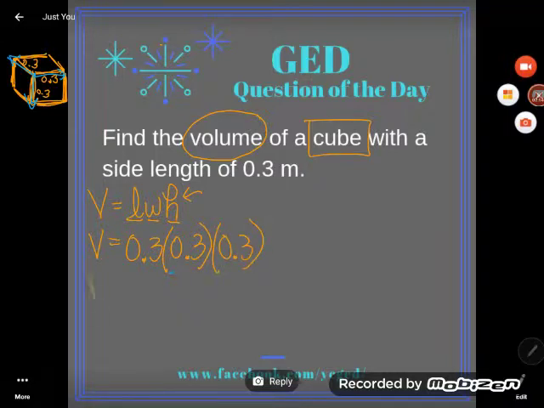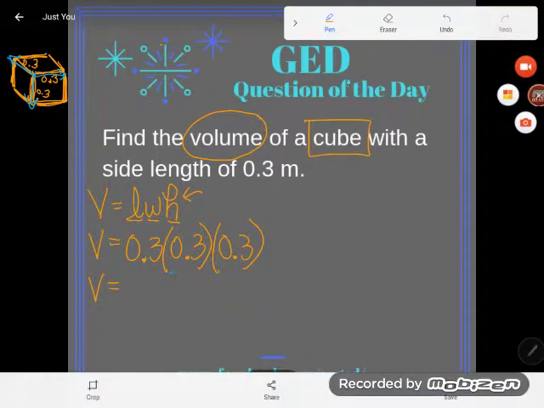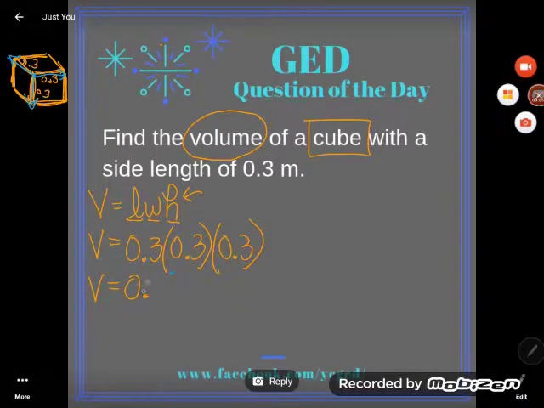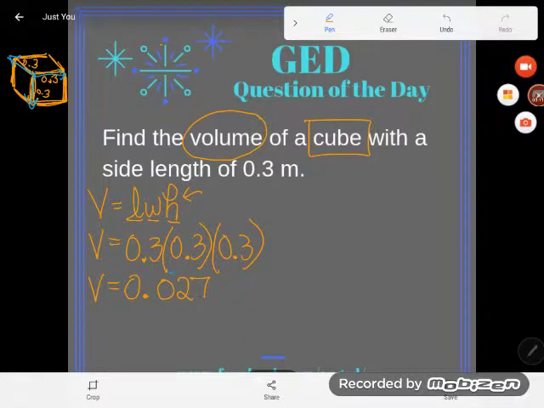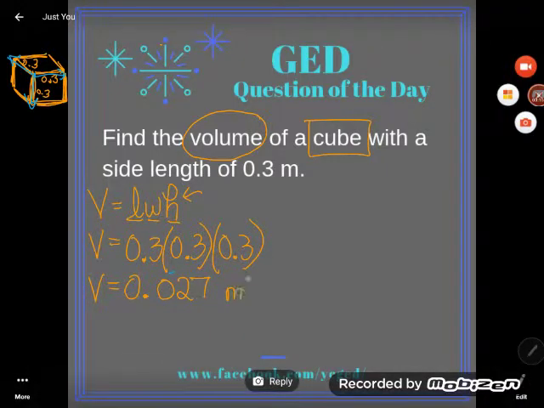And if I were to just plug this into my TI and do 0.3 times 0.3 times 0.3, so 3/10 times 3/10 times 3/10, I don't even have to put it in, I know what I would get, 0.027. And that's 27 thousandths is another way to say that, 27 thousandths of a cubic meter.